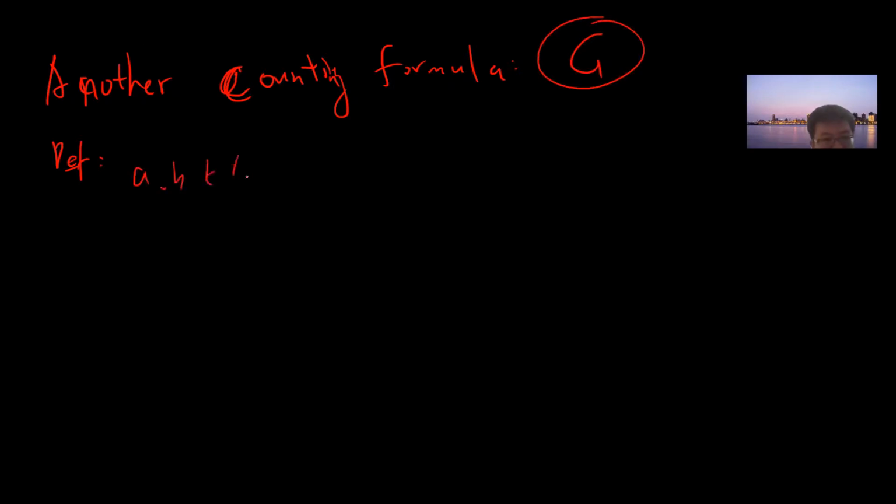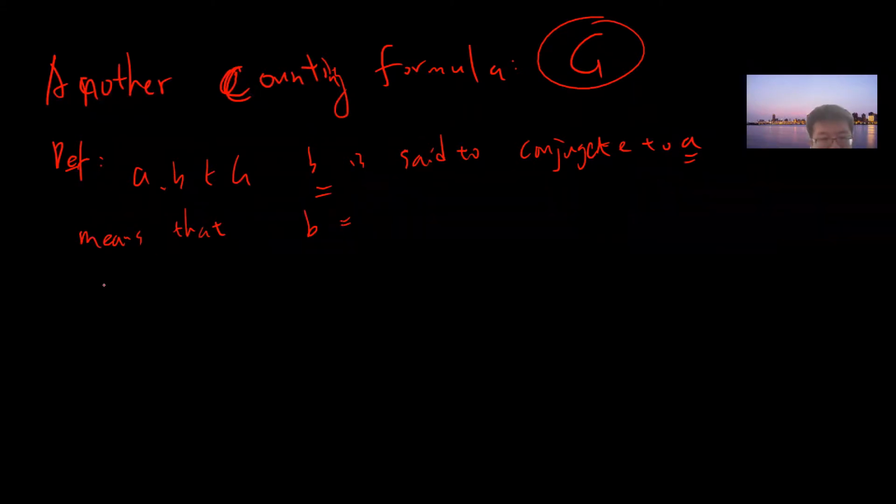Suppose you give me two elements A, B in G, and I can define B to be conjugate to A. It means that there exists a C in the group G such that B is the same as CAC inverse. This is called conjugate.